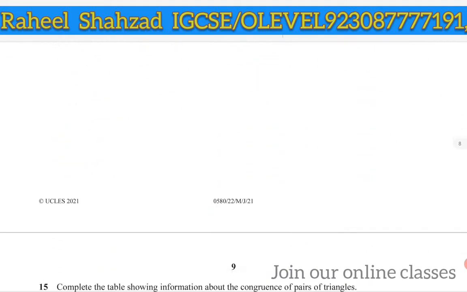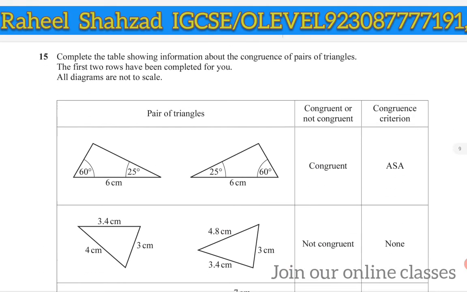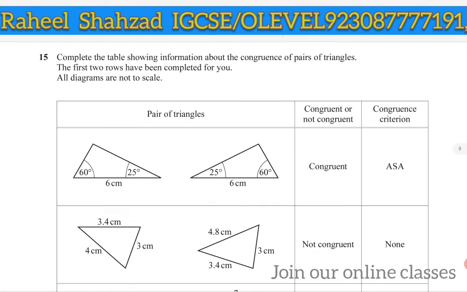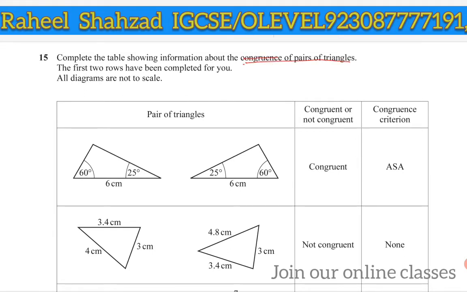Okay, in the next part, here is question number 15, that says complete the table showing information about the congruence of pairs of triangles. You need to tell the congruent pairs of triangles. The first two rows have been completed for you.